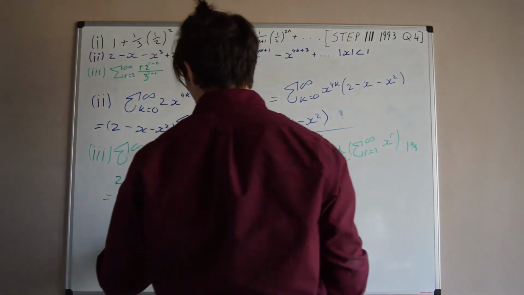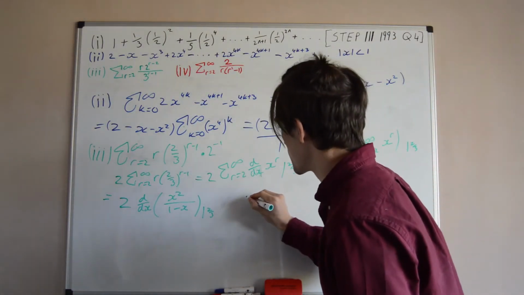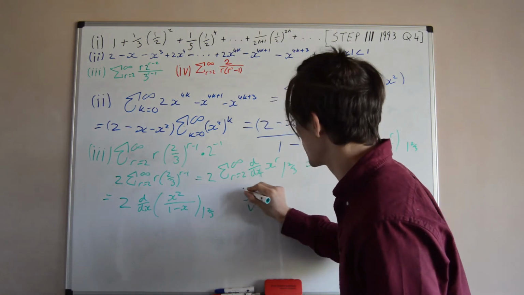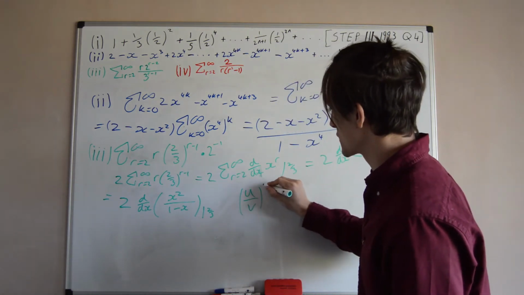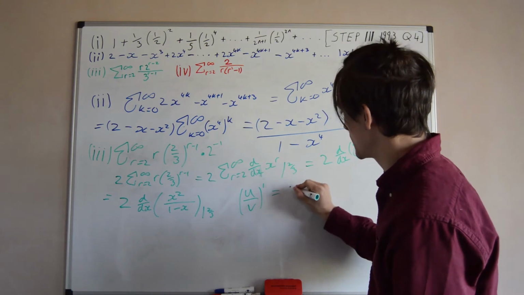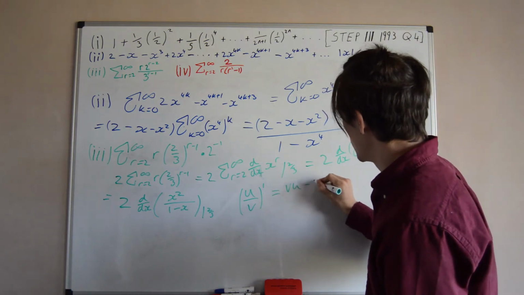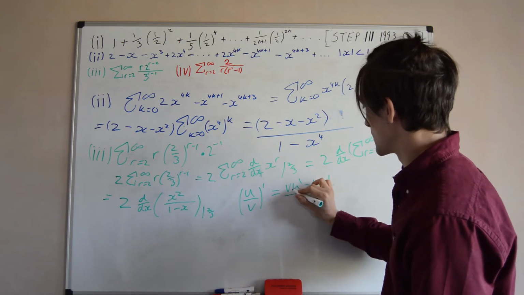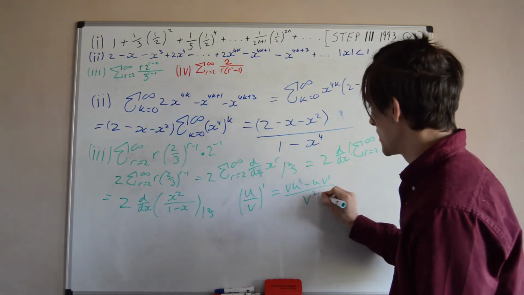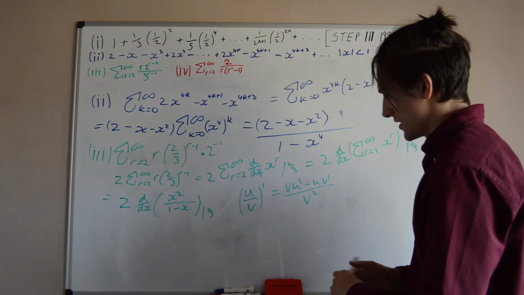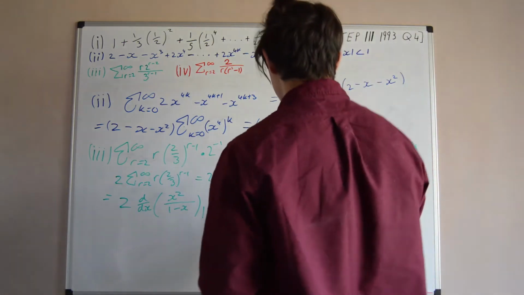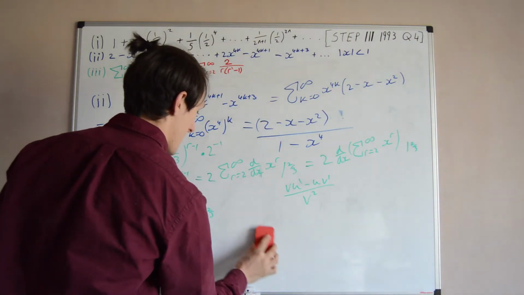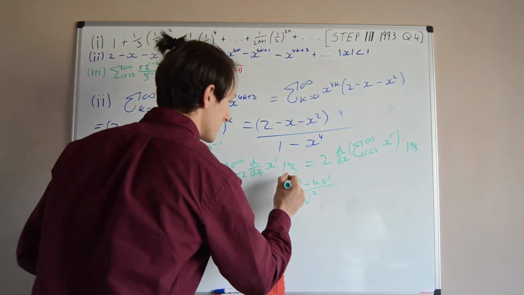Okay, so now I just need to differentiate this. Recall just for 1 second that if we have u over v, 2 functions of x, and we want to find the differential, this is vu dash minus uv dash over v squared. So just note this.